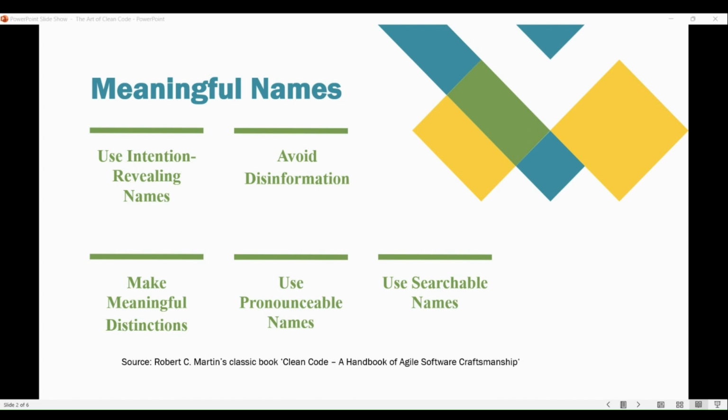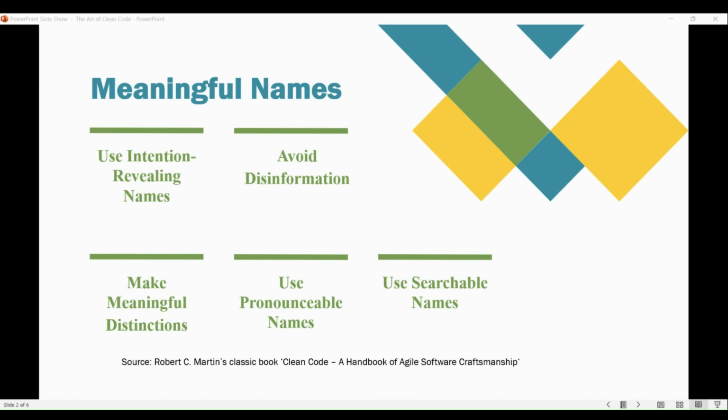The next point is use pronounceable names. The idea which Robert Martin is trying to put here is that if you can't pronounce it, you can't discuss it without sounding like an idiot. And if your names are not pronounceable, people will not be open to discussing them.